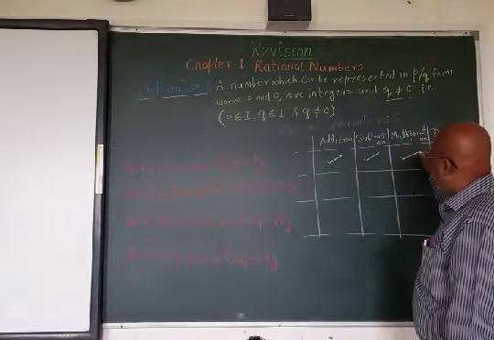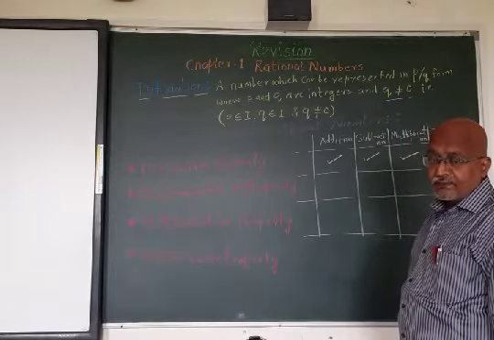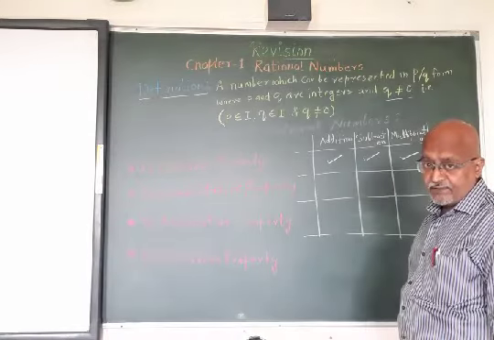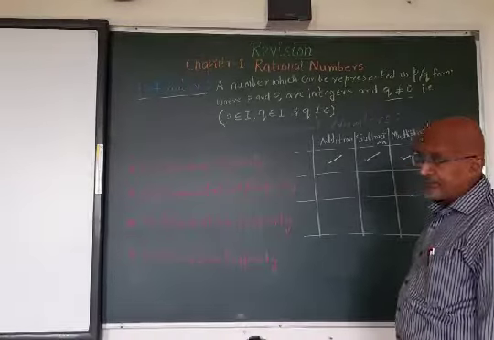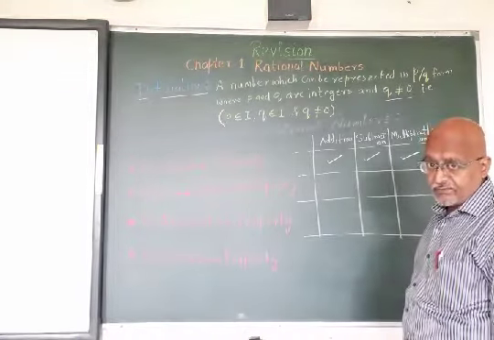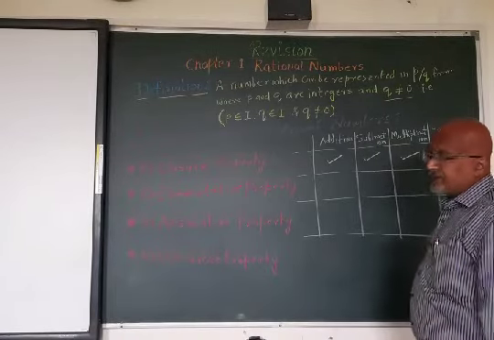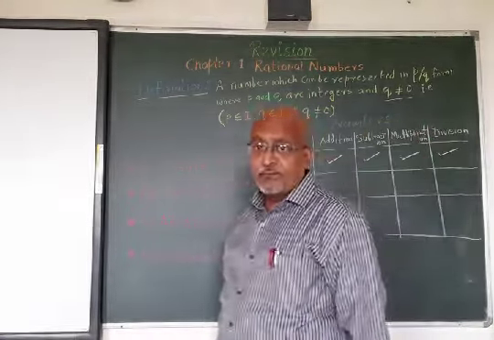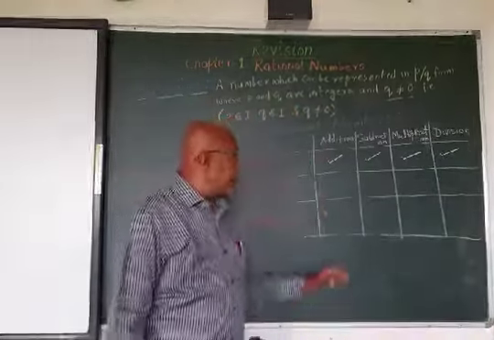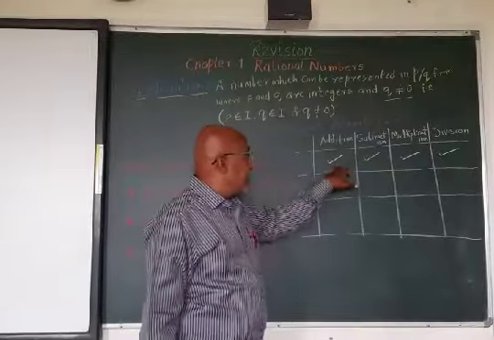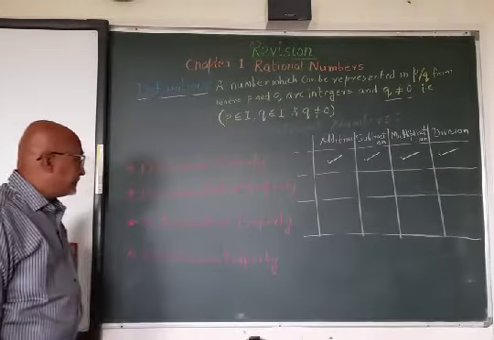So this is also closed. And remaining is division. When we divide one rational number by another rational number, division is also closed. So in the closure property, addition, subtraction, multiplication and division are all closed.